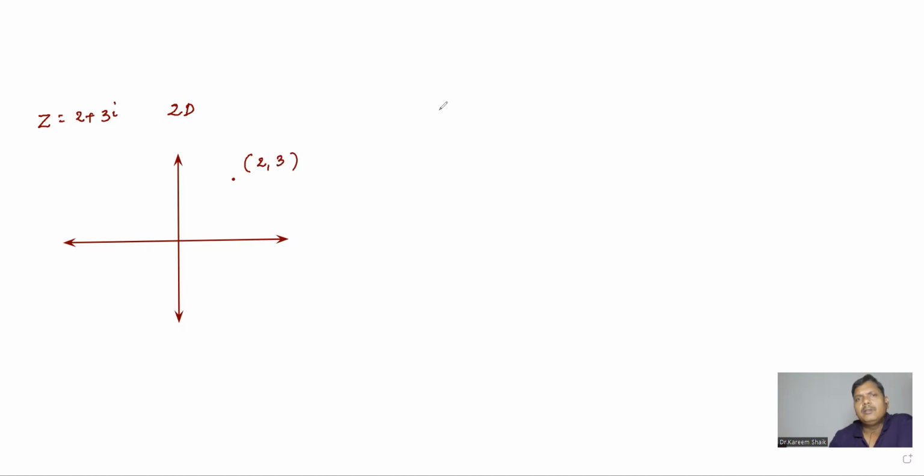For example, there is a complex number z equals 0. 0 is nothing but 0 plus 0 iota. That means here the real part is 0 and the imaginary part is also 0. Then it will represent the origin.